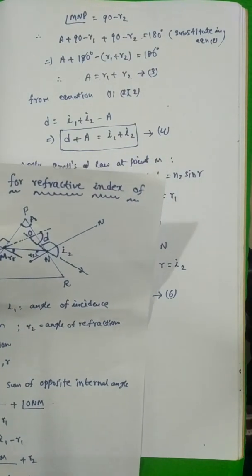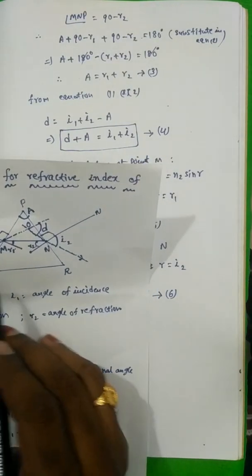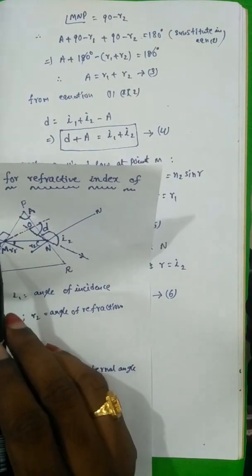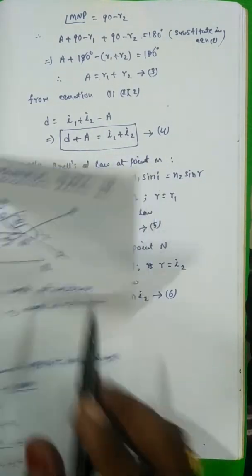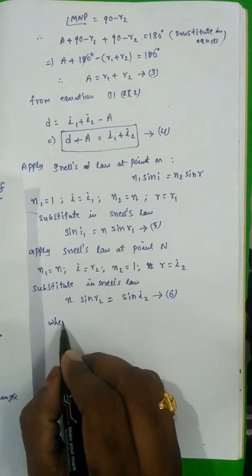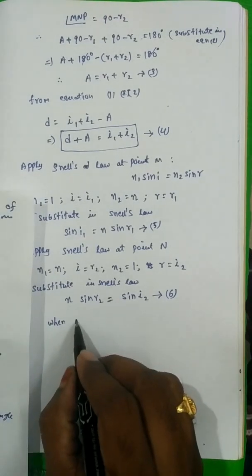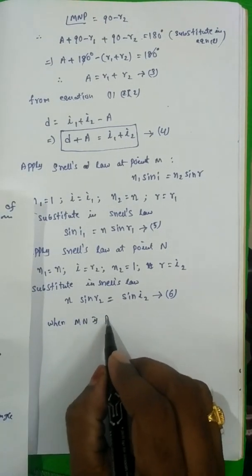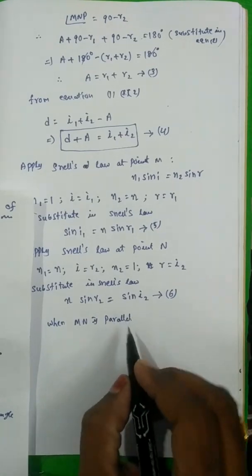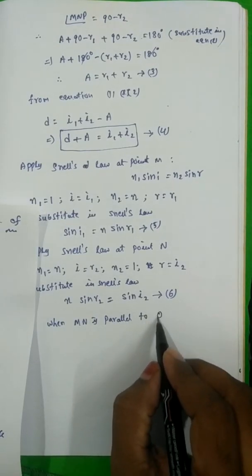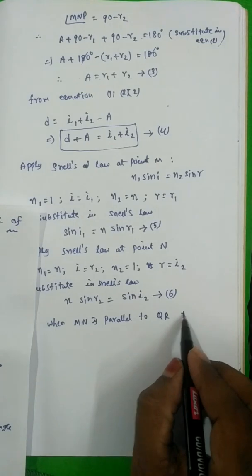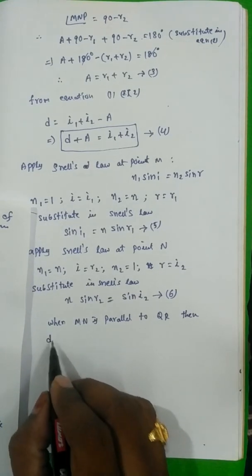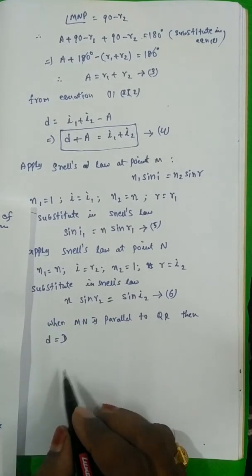Whenever QR and MN are parallel, then small d equals capital D. That is the minimum deviation.